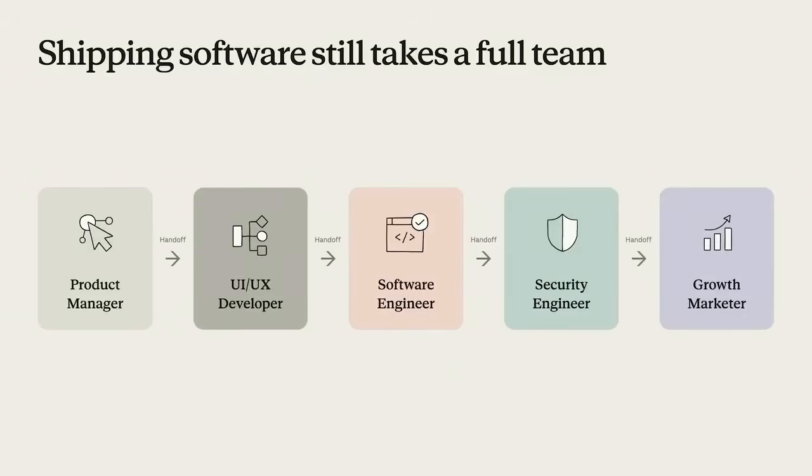So at enterprise level, when you start building and you want to ship a product or new feature, you usually take a full team like this one. In our case, let's assume that our team has a product manager that might have an idea for a new service or a new feature. And then you have a UI UX developer that starts from that idea and tries to render it, to visualize it for the entire team.